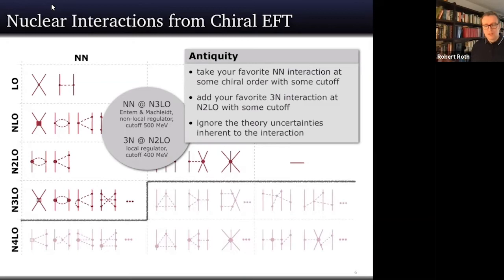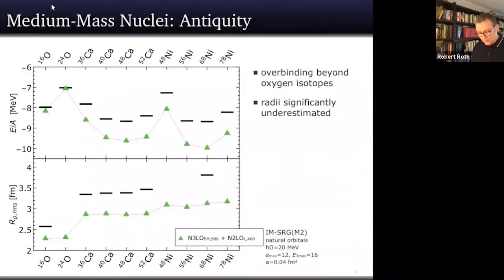And if you're desperate and are looking for reasons why things don't work, you might question this step. You might want to be more consistent, more rigorous from the good underlying theory point of view when you deal with interactions. And this interaction, just another illustration, does produce the problems with binding energies in this medium mass regime.